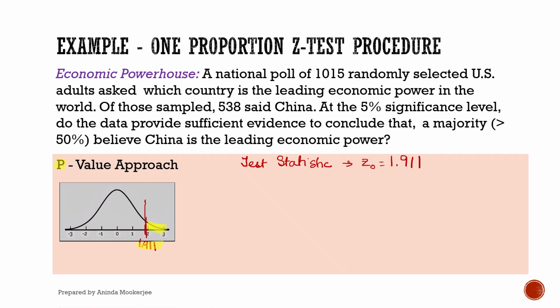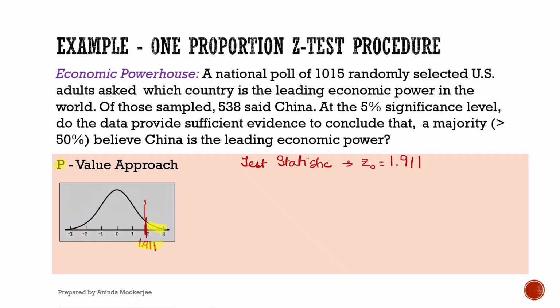P stands for probability. We are trying to find the probability of obtaining a test statistic value of 1.911, assuming that the null hypothesis is still located at the center of the curve, that it is true. So you're going to find the area to the right of this value of 1.911, because area and probability essentially mean the same thing, correct? So find the area.